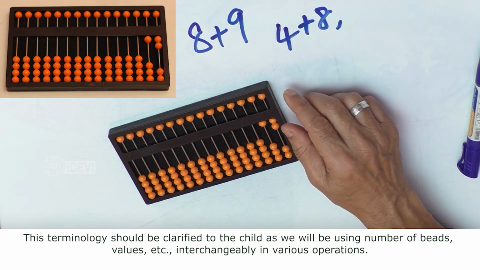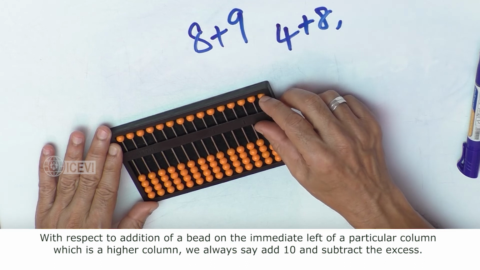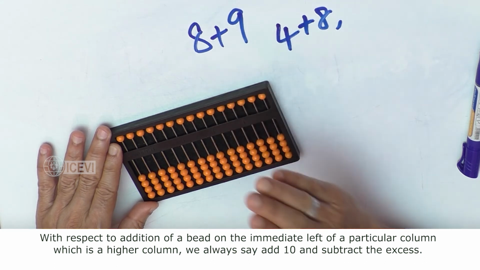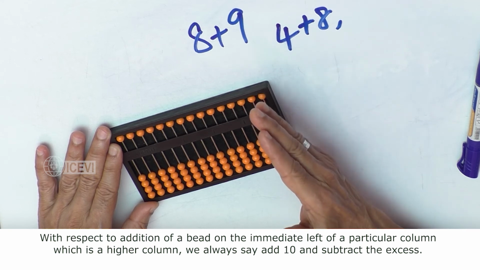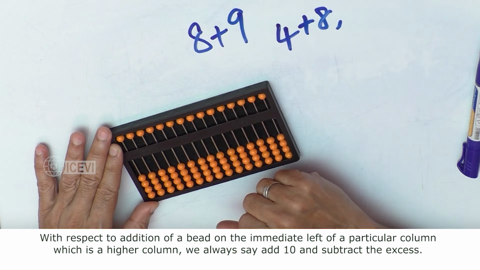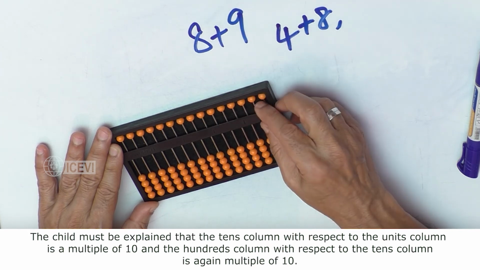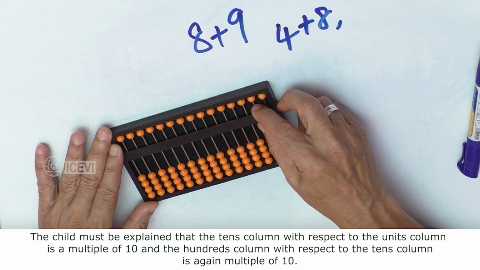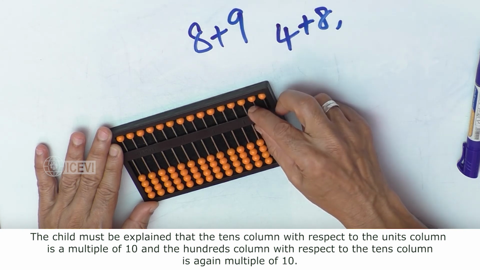as we will be using number of beads, values, etc. interchangeably in various operations. With respect to the addition of a bead on the immediate left of a particular column, which is a higher column, we always say add 10 and subtract the excess. The child must be explained that the tens column with respect to the units column is a multiple of 10.